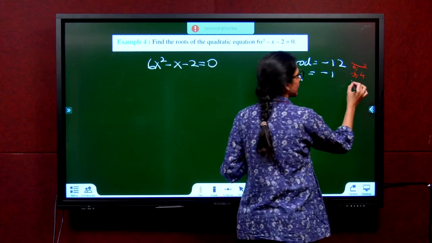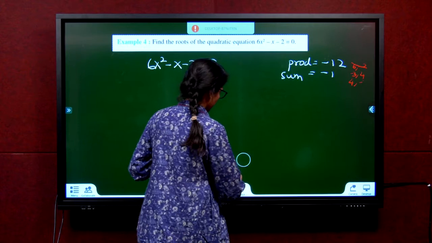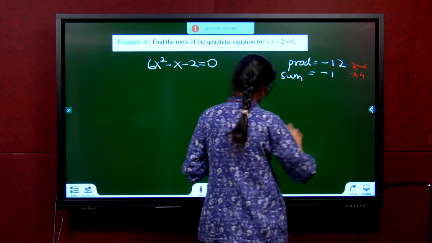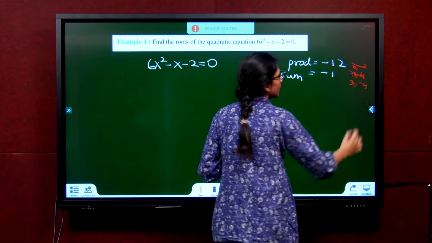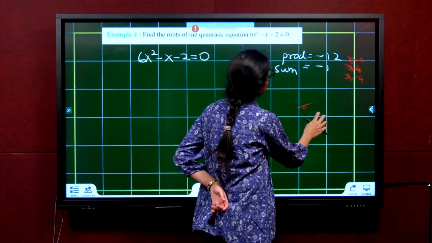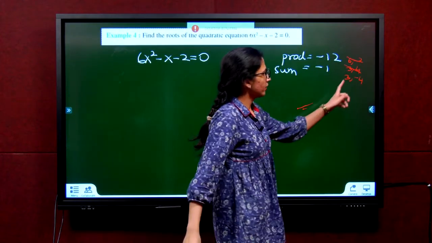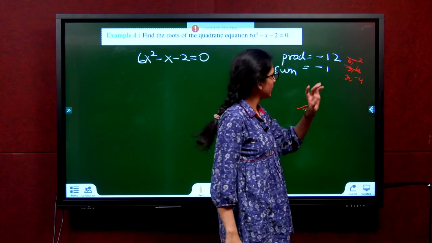So now change the signs. I will just change the signs and make it 3 and minus 4. 3 into minus 4 is minus 12, correct?